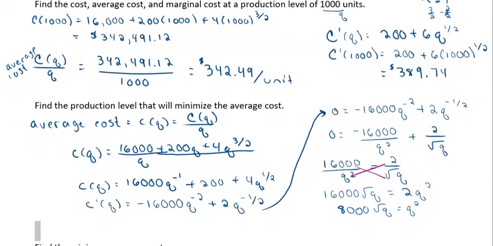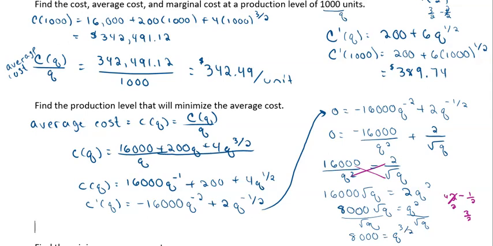So if we think about this as being divided by the square root of Q on both sides, then this is going to look like Q to the second, which is 2 for our exponent, Q to the square root, so minus 1/2. So if we put this in terms of halves, this would be 4 halves. 4 halves minus 1/2 is 3 halves. So Q squared divided by the square root of Q is Q to the 3 halves. So that's going to leave us right here with 8,000 is equal to Q to the 3 halves.